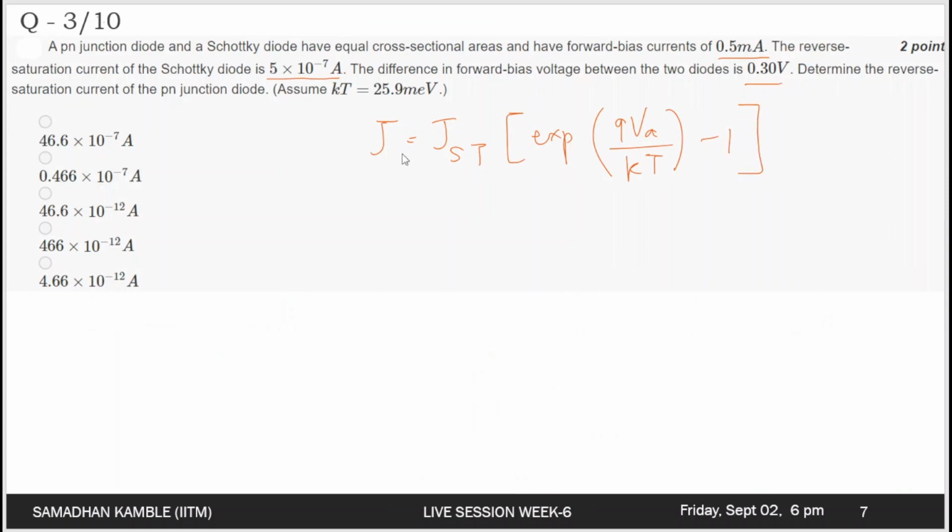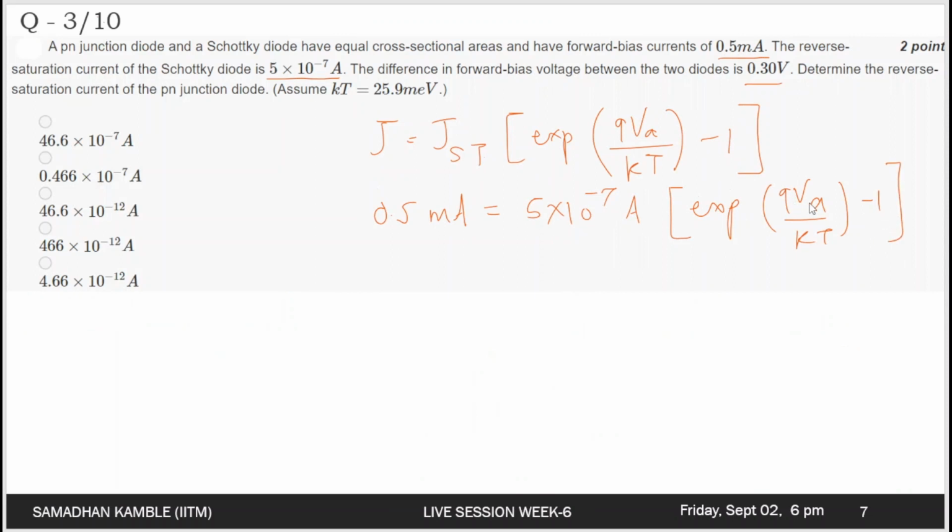The forward bias current for the Schottky diode is given as 0.5 milliampere, so let us substitute the 0.5 milliampere here. Also the saturation current for the Schottky diode is 5 times 10 to the power minus 7 ampere, times exponential of QVA by KT minus 1.